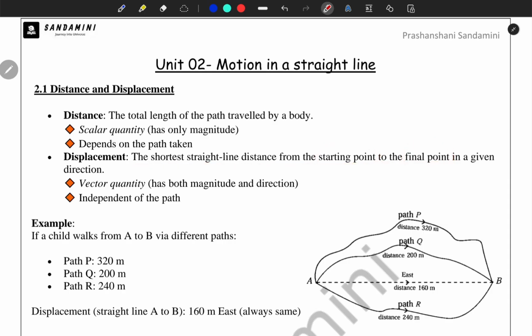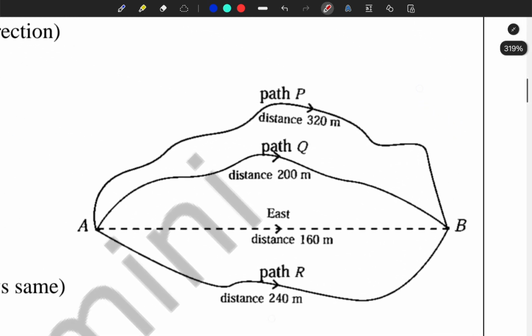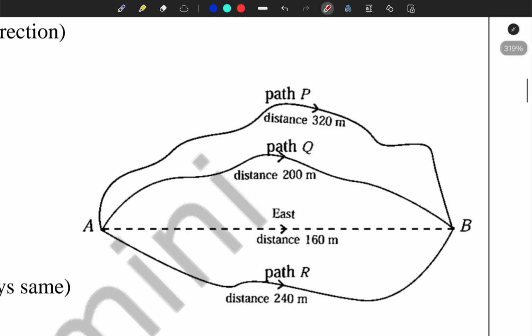So if you consider this motion, think a person is here at point A, which is the starting point, right? So that person wants to go to B. This is the finishing point. So he wants to go from here to here. That person can use different pathways.